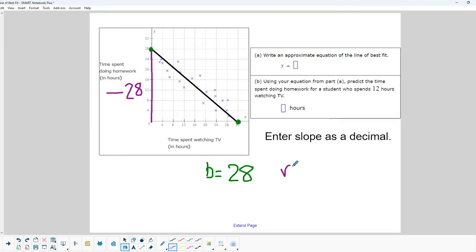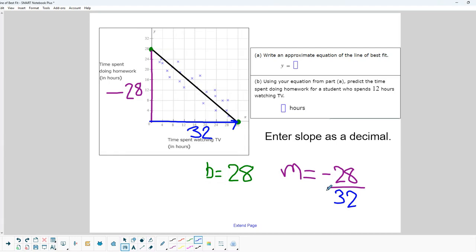So on my slope, I know that the change in y is minus 28. Now what about the change in x? I'm going to go from 0 over to 32, so my change in x is 32. I just picked 2 points on the line, and I got how far down I go and how far over I go to calculate the slope.